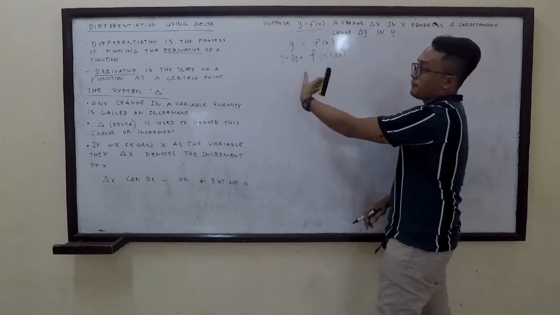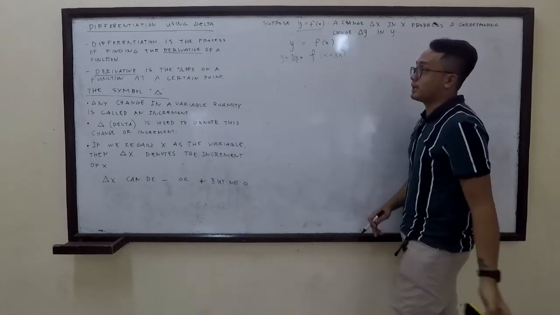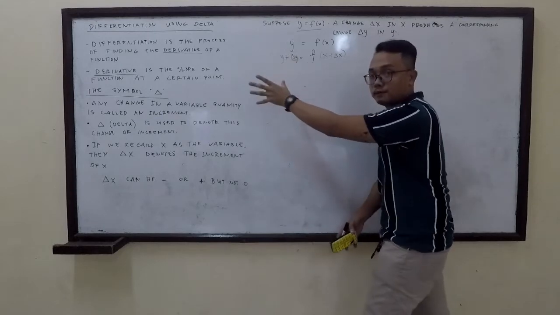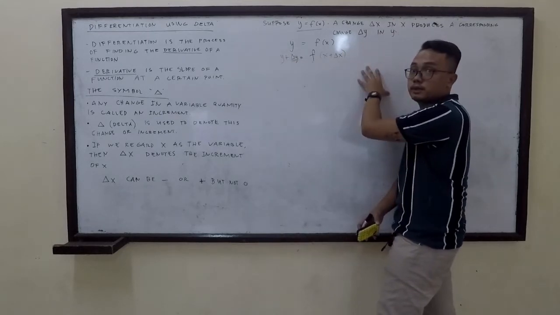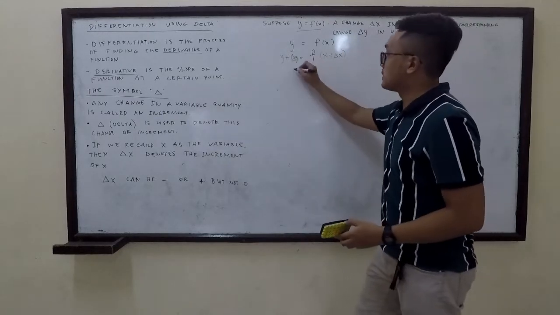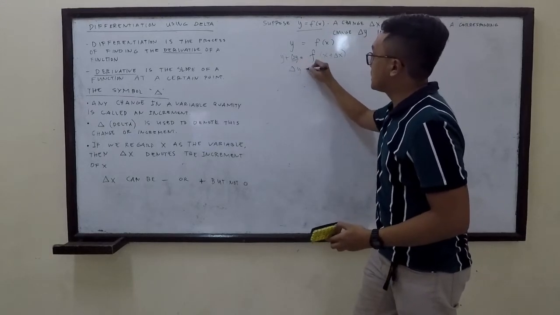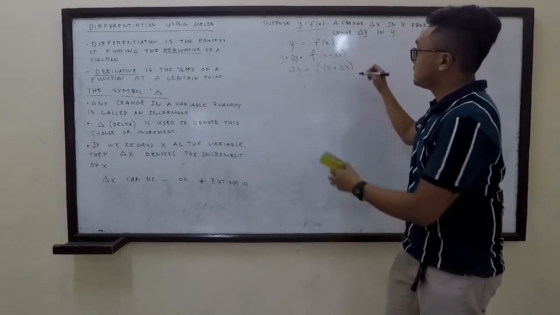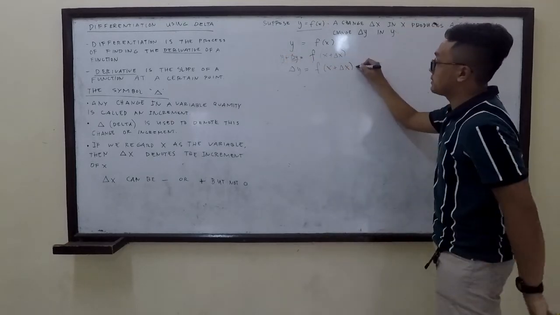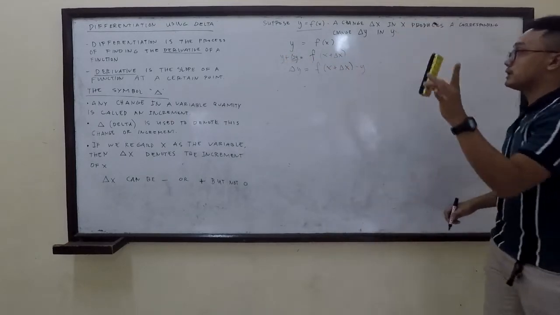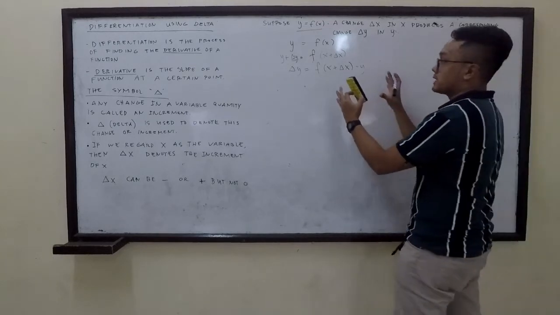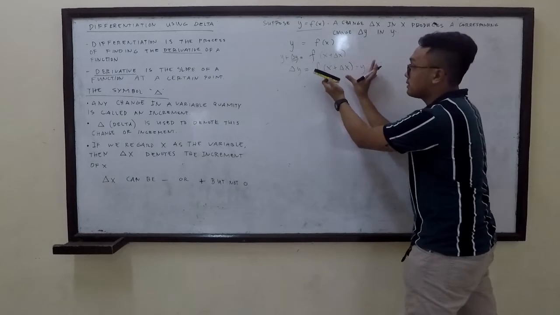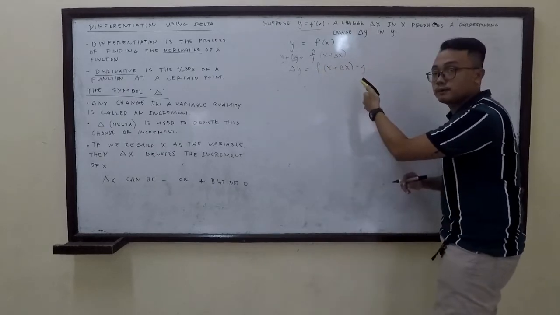Okay, so to find the value of delta y, we simply isolate it. We move this y from the left side of the equation to the right side. So delta y is just f of x plus delta x, then minus y. The next step is we're going to make this into an all x-alone function.